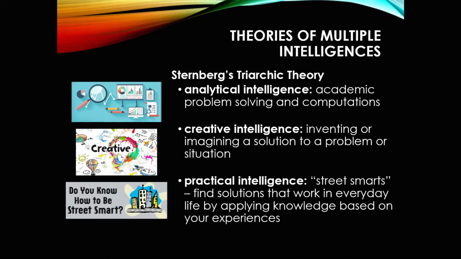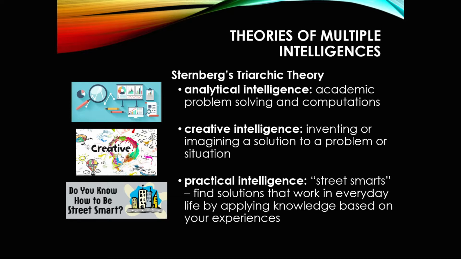For Sternberg, he thought analytical intelligence is what we maybe tend to think of in the US as intelligent. Academics, problem solving, computations, being analytical. That's more what we tend to think of as intelligent in the kind of typical IQ sense in the US. He didn't think that was the only type of intelligence there is, though.